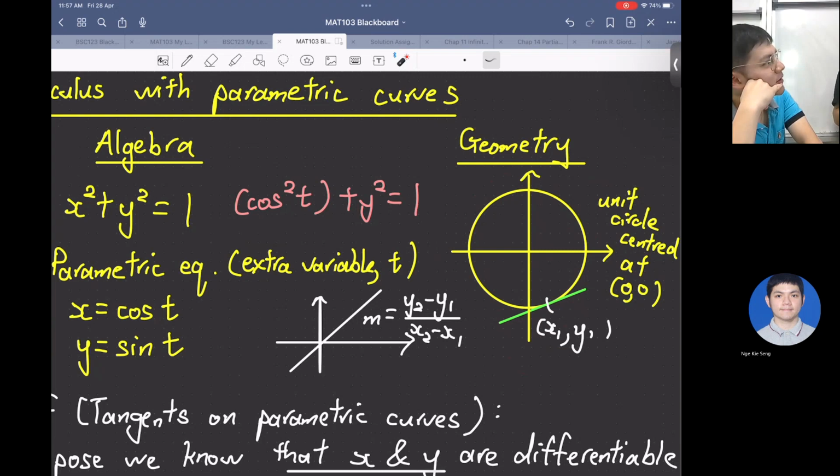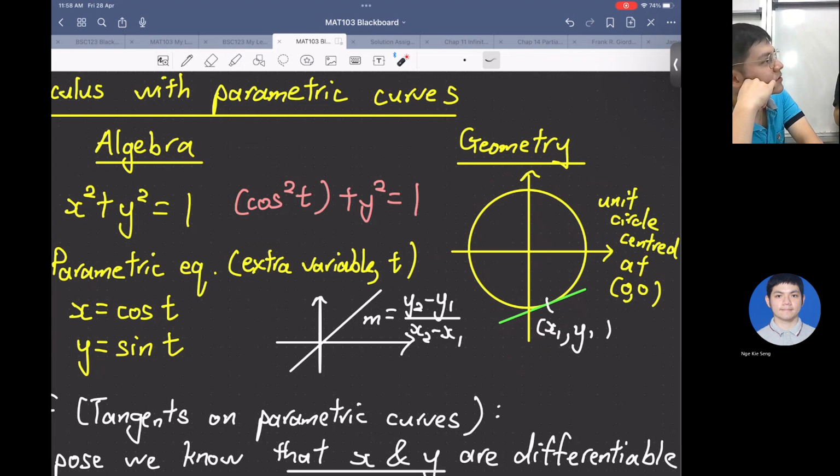You are just asking when is a curve, what kind of point, have dy/dx equals 0, right? So first of all, it is the maximum or minimum point.